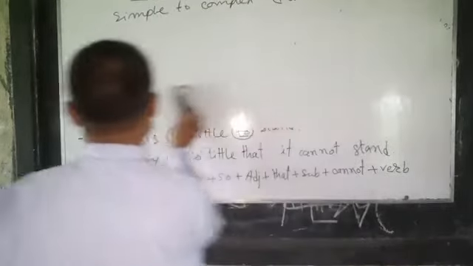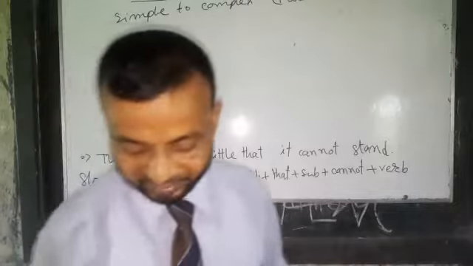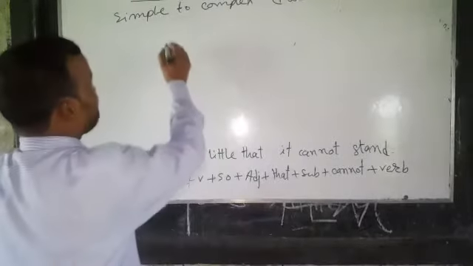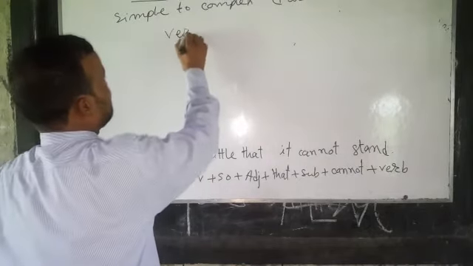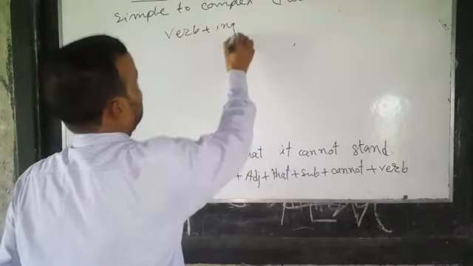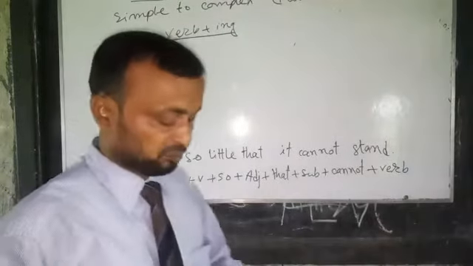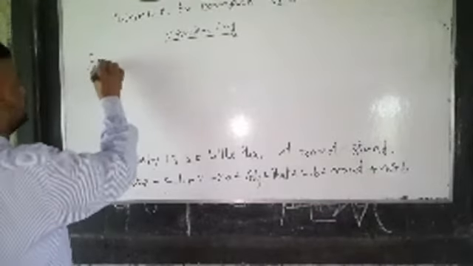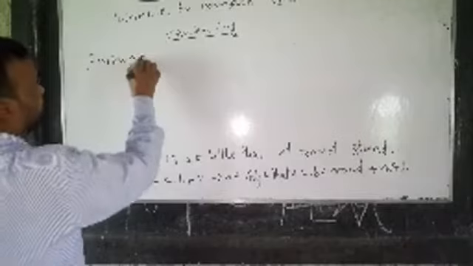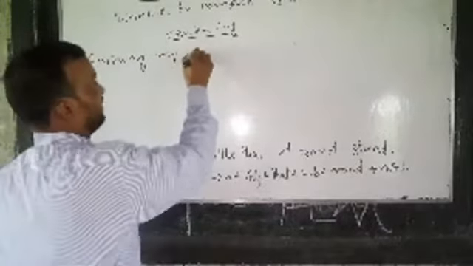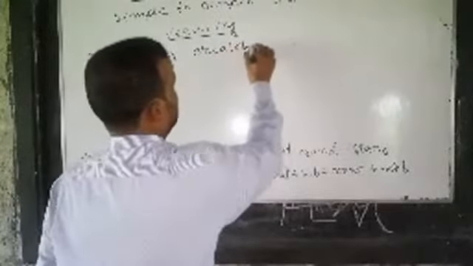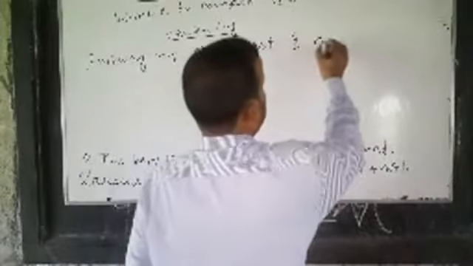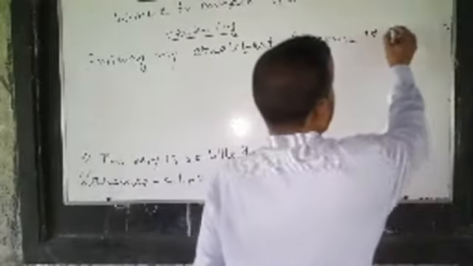So go to the next rule. Sometimes we follow that the sentence starts with verb plus ing, such as: finishing my breakfast, I came to school.